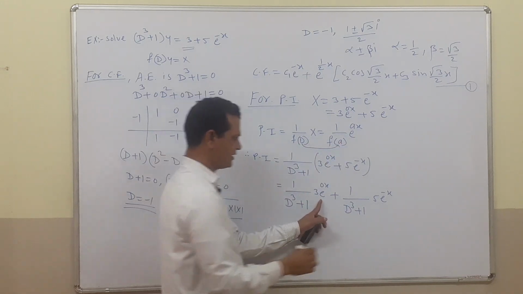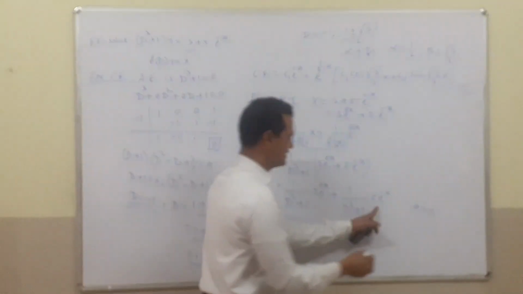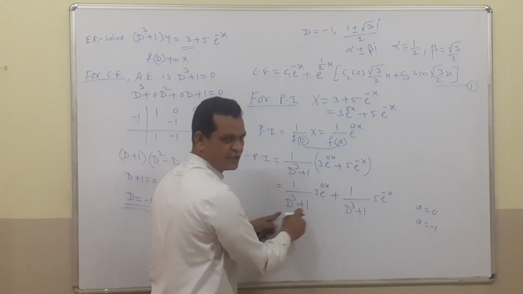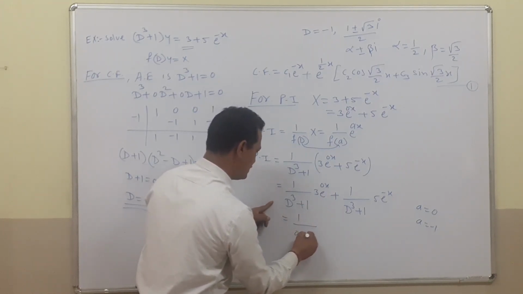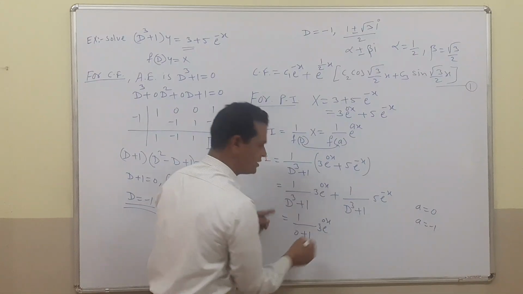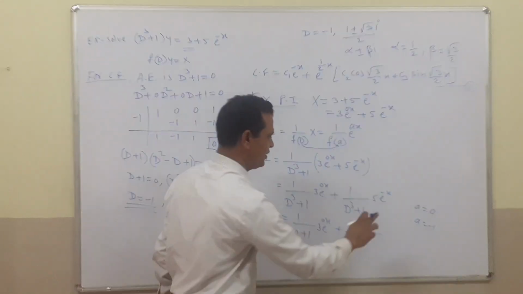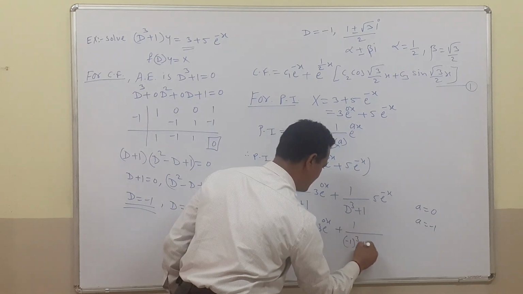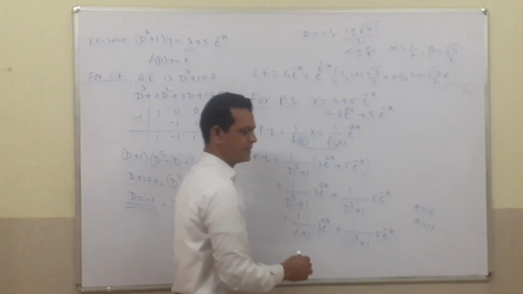For the first term the value of a is 0, and for the second term the value of a is minus 1. So in the first term we get 1 upon 0 plus 1 into 3 e raised to 0x, plus 1 upon minus 1 whole cube plus 1 into 5 e raised to minus x.